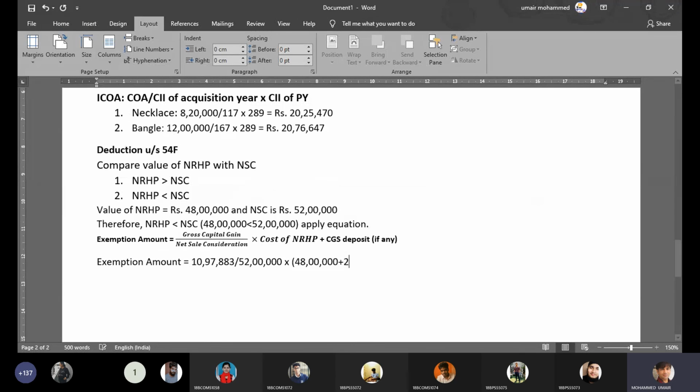So add this 2 lakhs. Now simplify this equation. When you simplify this, you get the deduction of 10 lakh.